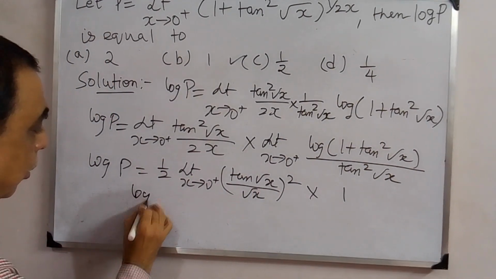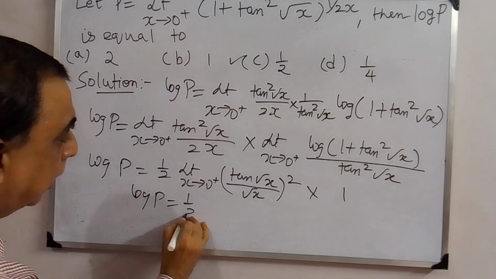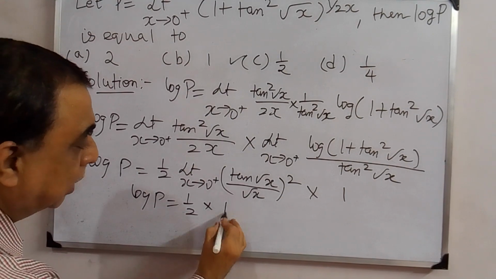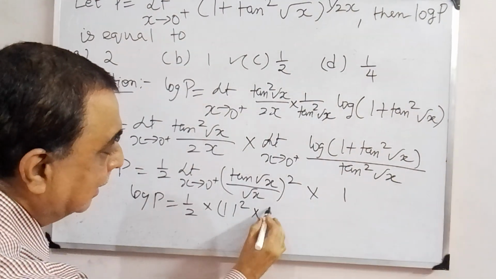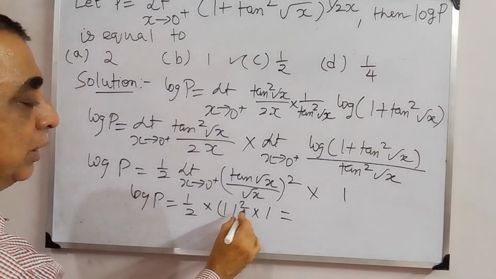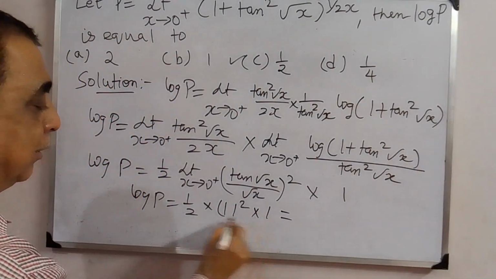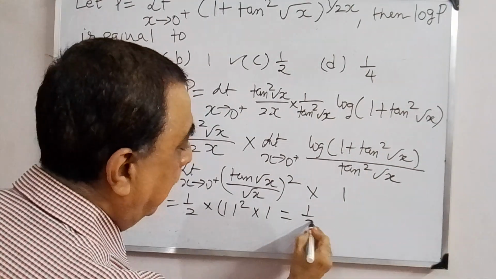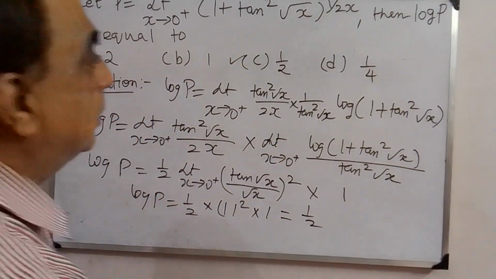So log p becomes half into 1, which we have already found is 1. So 1 squared is 1, 1 into 1 is 1, 1 into half is half. So the log p value is half.